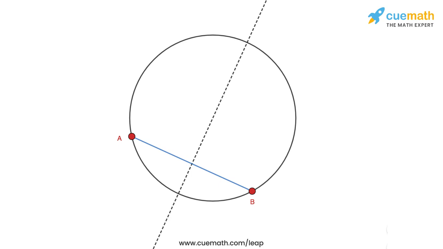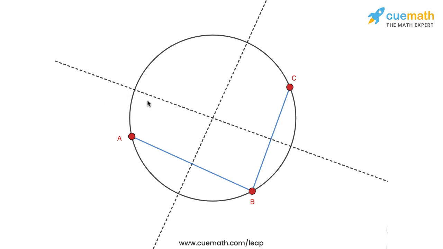So let's take another point C anywhere on the circle, and now let's make another chord. So let's join, for example, the points B and C and so we get the chord BC. Now if we draw the perpendicular bisector of BC as well, like this, we know that the center will also lie on this second perpendicular bisector, because the center is also equidistant from B and C. So the center lies on both the perpendicular bisectors.